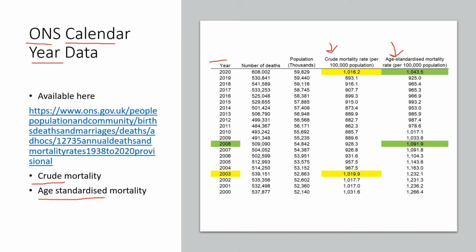What we can see in the year 2020 is that mortality was approximately 1%, 1,000 deaths per 100,000, and it hadn't been that high since 2003. Similarly, if one looks at the age standardised variable, the mortality was again about 1% in 2020, and it had not been 1% since 2010, 2009, 2008.